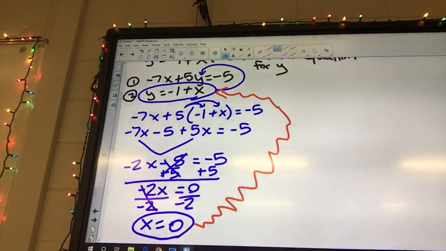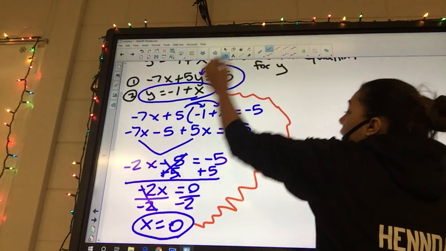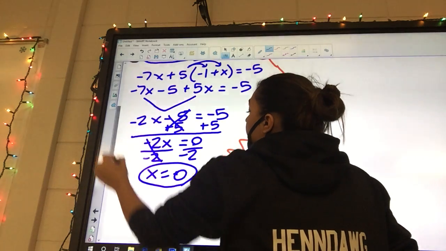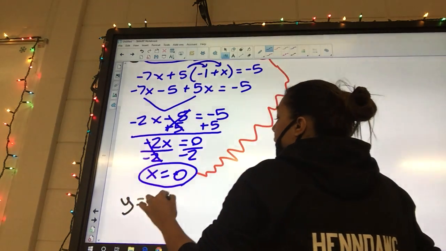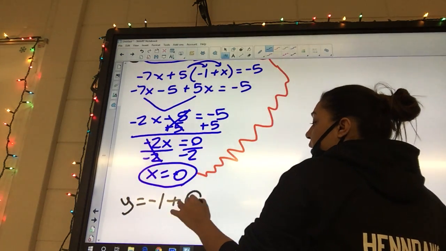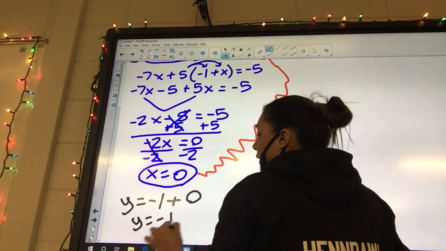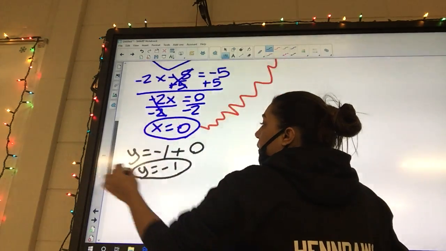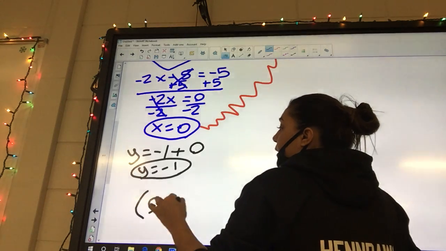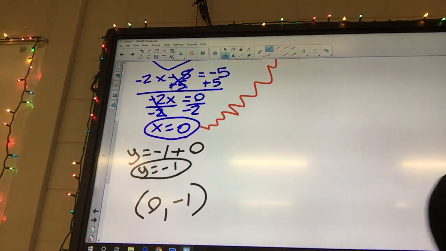You always plug it back into what we have circled above. And so you're gonna have y equals -1 plus x, which is 0, which is just y equals -1. So our coordinate is gonna be 0, -1.